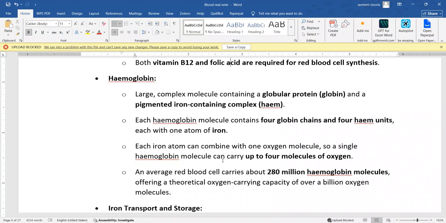So a single hemoglobin molecule can carry up to 4 molecules of oxygen.